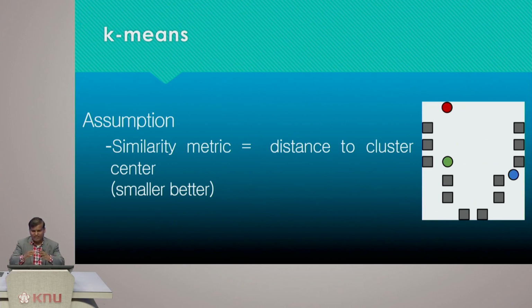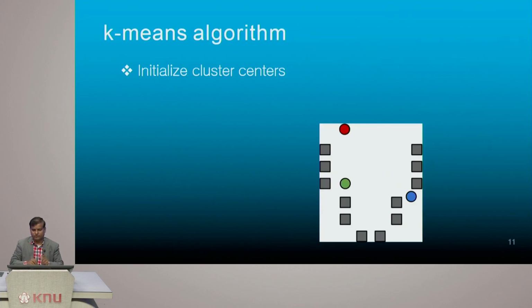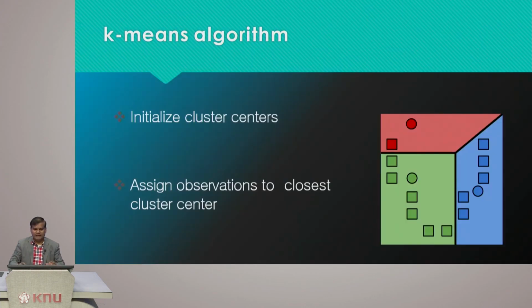We haven't actually grouped yet, but we have just initialized the cluster centers. We assume there is one cluster center with red, one with green and one with blue.